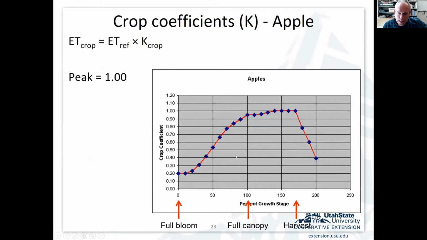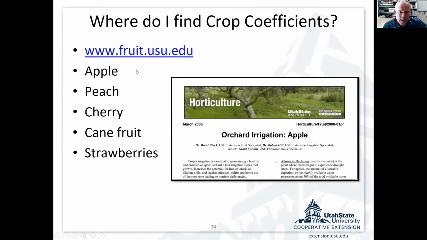So where do I get this information, or where do you find that? We have fact sheets on our website. If you go to fruit.usu.edu, we have individual fact sheets for apple, peach, cherry, cane fruits, which is raspberry and blackberry, as well as strawberry. And these crop coefficients over the course of the season are available for each of these crops.